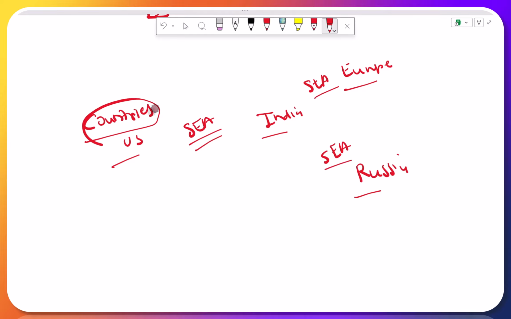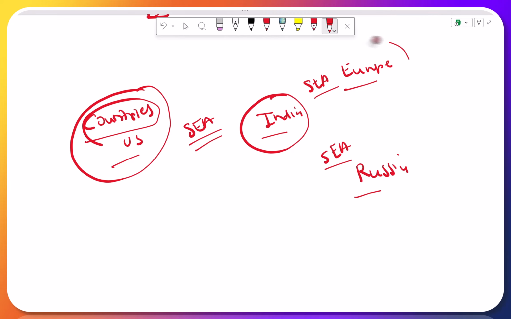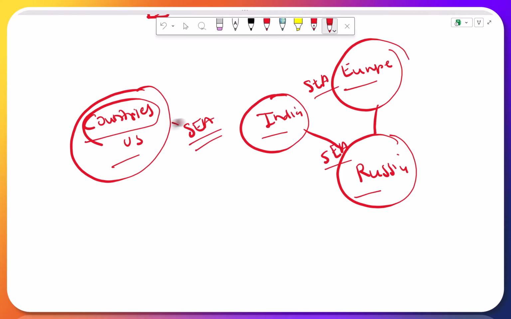So the answer to this question is all these networks, the US network, the India network, the Europe network, the Russia network, are connected. Now how are those connected? They are not wirelessly connected. Just imagine if we needed to connect them wirelessly, that would take a hell of a lot of time, right? So these countries are connected with networks of wires.